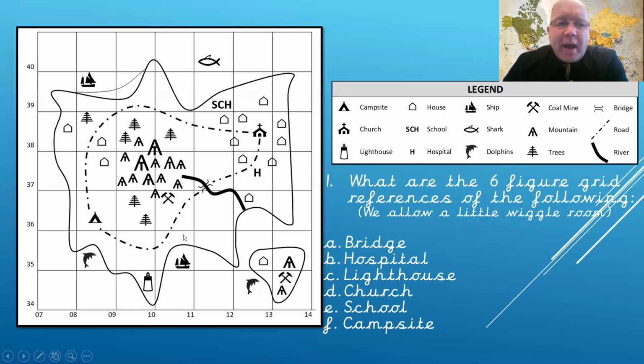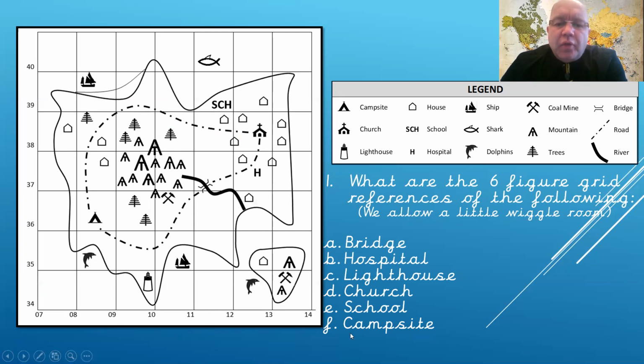Right. So going back to our homework map, or our challenge map from last time, I should say. 6-figure references for the following things, and we will allow a little bit of wiggle room, as I've said. We know that there is an element of estimation, guesswork here, but you've got to be quite precise.